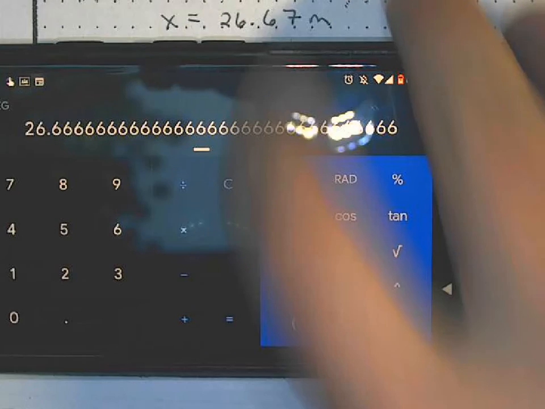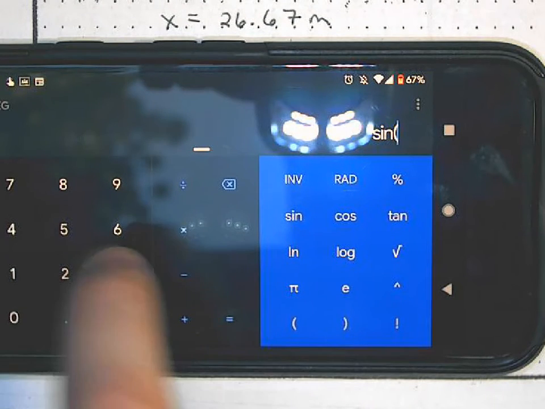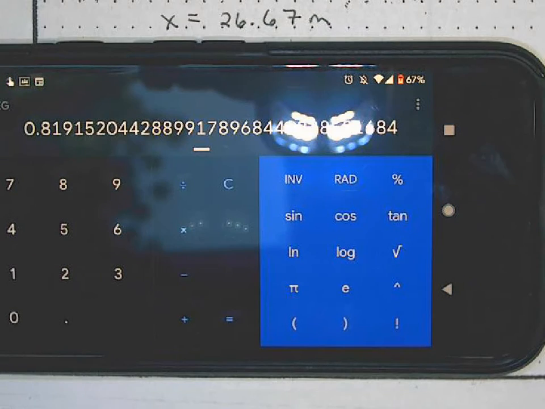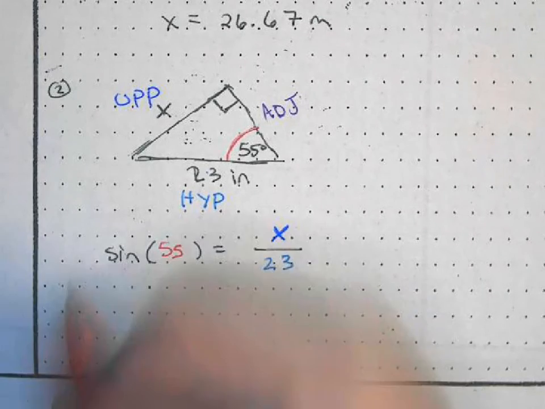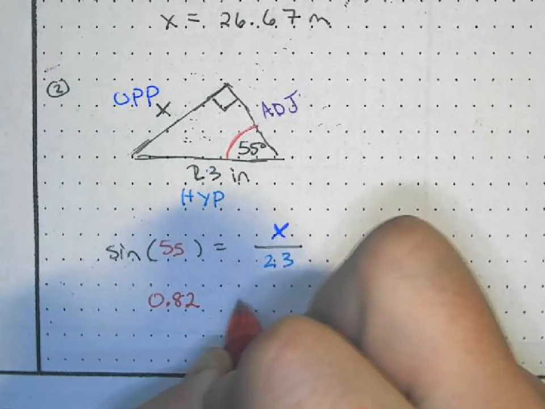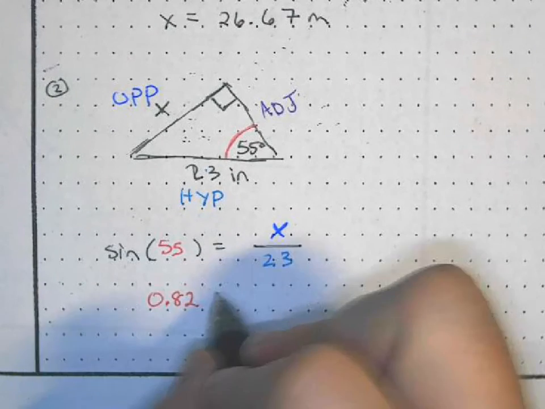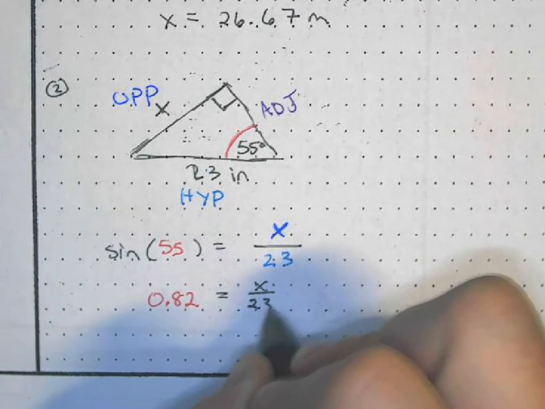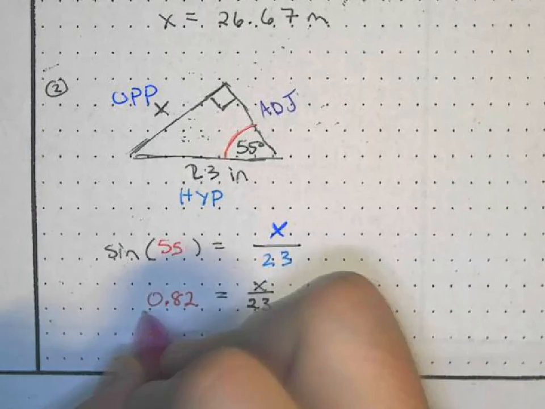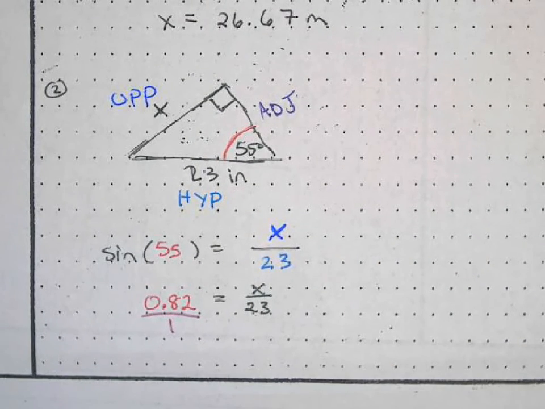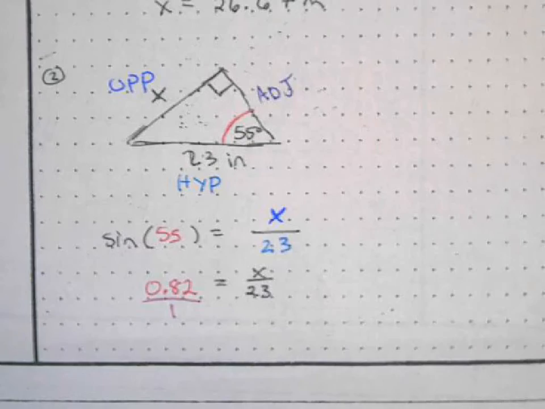So I'm going to go sine 55 equals 0.82. So 0.82 is equal to x over 23. Now we will add in our hidden 1 and cross multiply and solve.